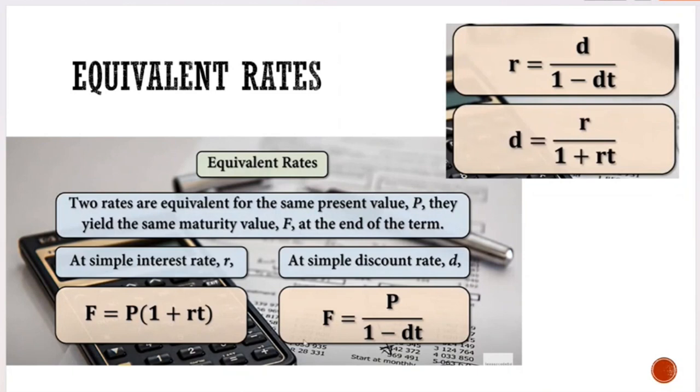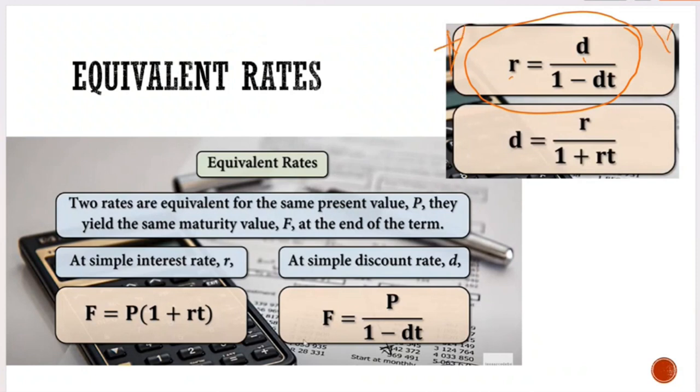So if you've got a simple interest or discount on the same situation, here is the formula that you use. This is a simple interest rate that is equivalent to a discount rate. If you are given a question requiring you to use the equivalent discount rate given a simple interest rate, or you are given a discount rate and then you need to calculate a simple interest rate, this is the formula.